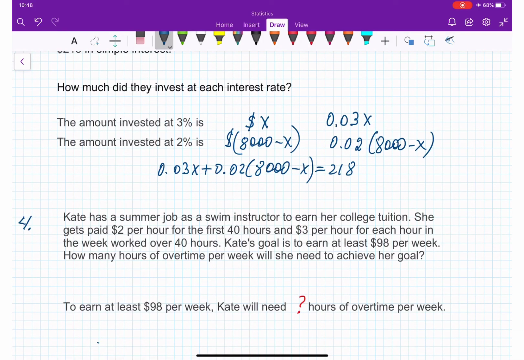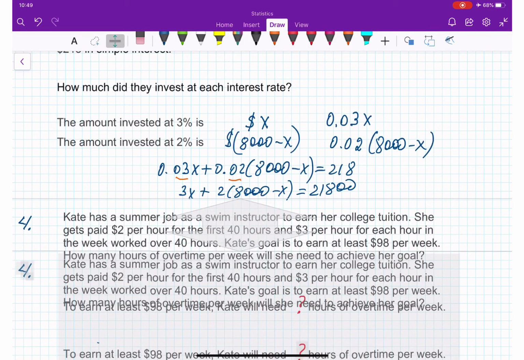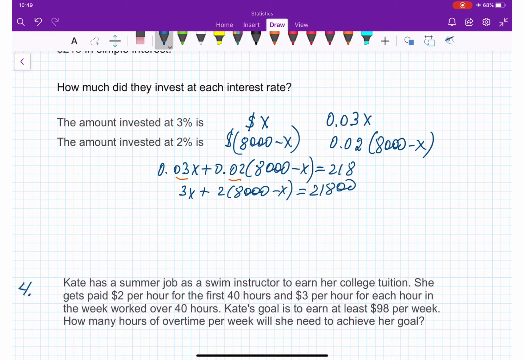Okay, so I have 2 decimal notations here, 2 decimal notations here. So I can get rid of the decimals, which means by 2 positions it will be 3x. By 2 positions it's going to be twice 8,000 minus x. And here also by 2 positions. All right.